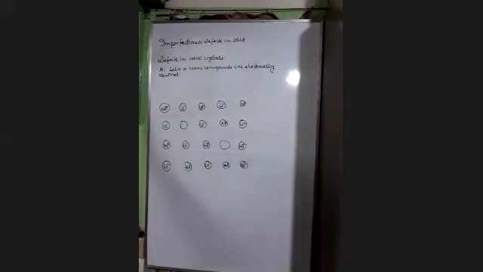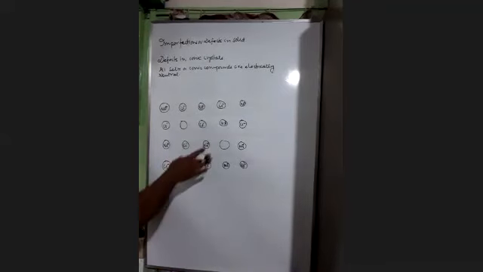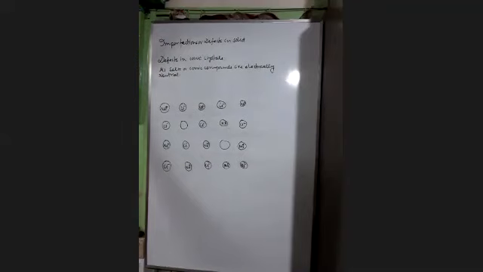As many sodium ions go, the same number of chloride ions will also go. So this type of defect is nothing but a vacancy defect.